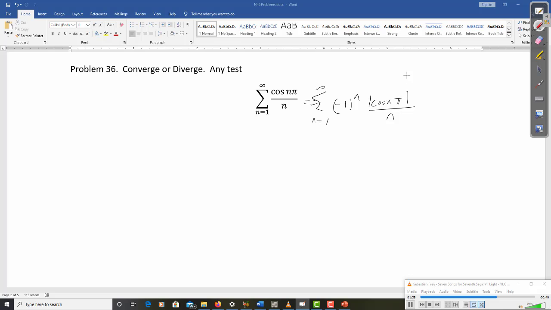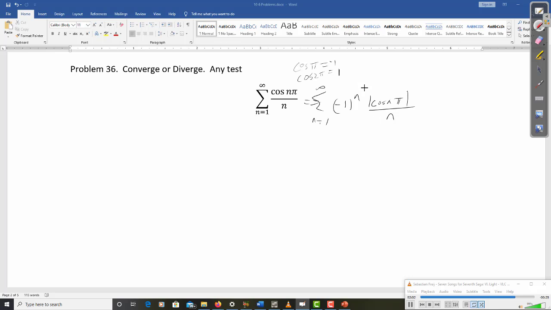And cosine n pi is just going to flip between positive and negative 1, because cosine of pi is negative 1, cosine of 2 pi is positive 1. So it's just going to flip back and forth between negative 1 and positive 1. The bottom is going to 0.